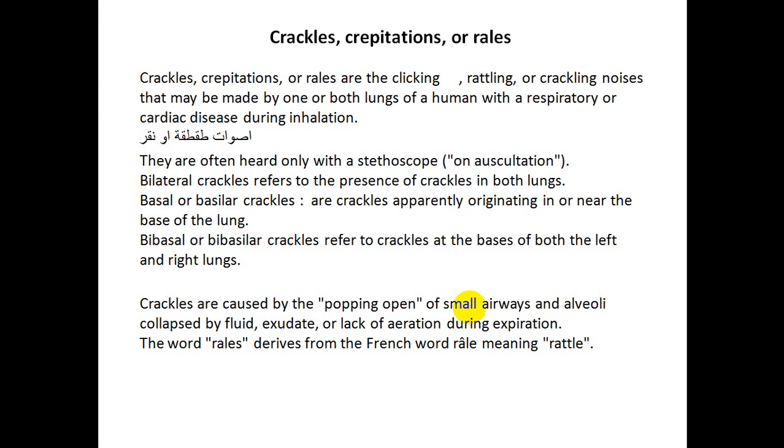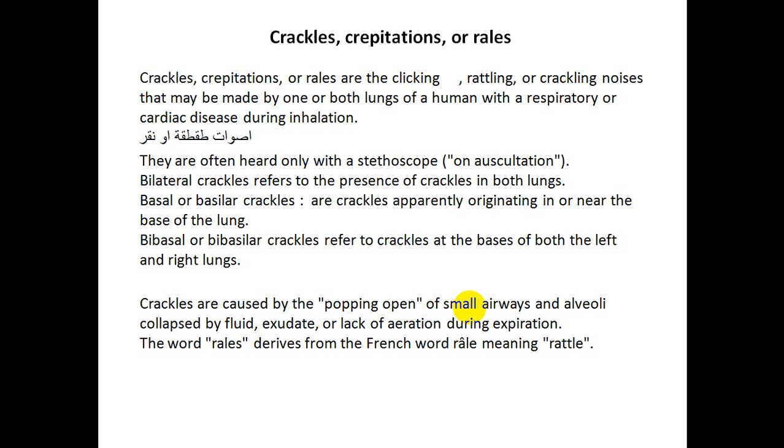These crackle sounds in inspiration are often heard only with a stethoscope on auscultation, because some sounds we can hear with the naked ear. We often use the terms bilateral, basal, or bibasilar crackles in clinical practice.